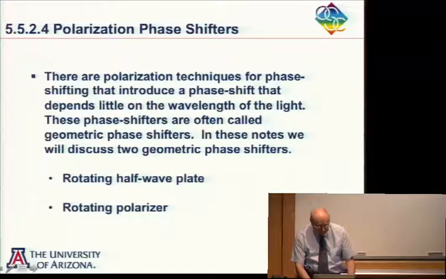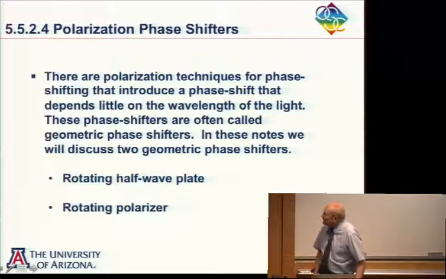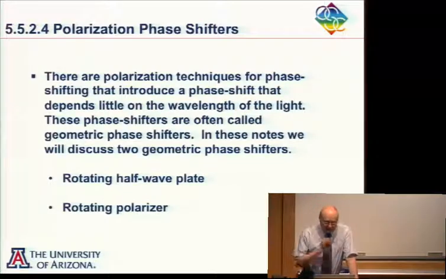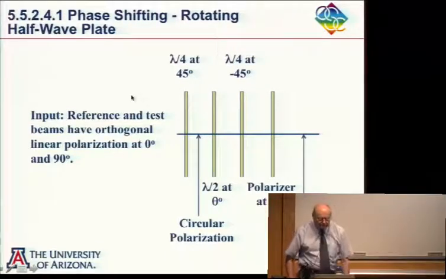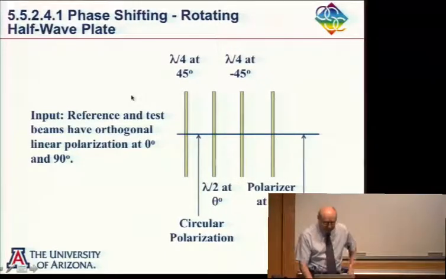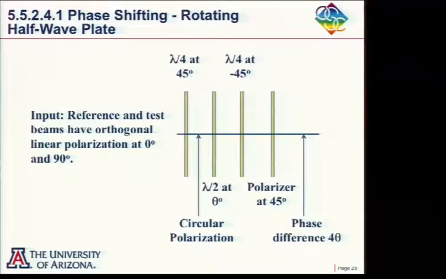Okay, so that takes me back here to looking at a rotating half-wave plate and then a rotating polarizer as a phase shifter. Here's another technique that I've found a lot of use for over the years. So let's say the reference and test beams have orthogonal polarization here, at 0 degrees and 90 degrees.